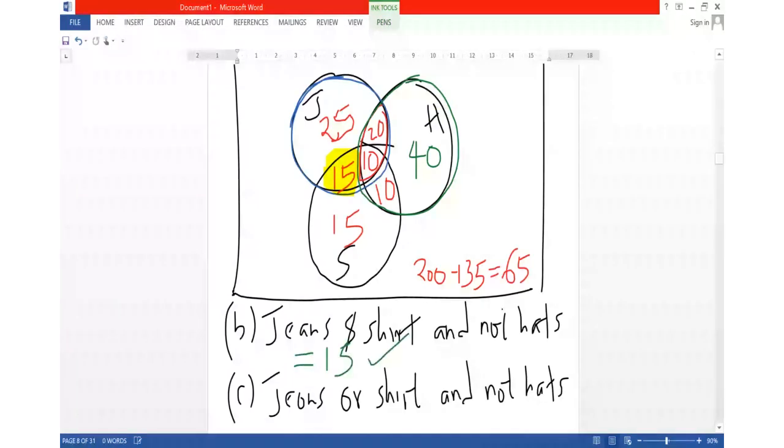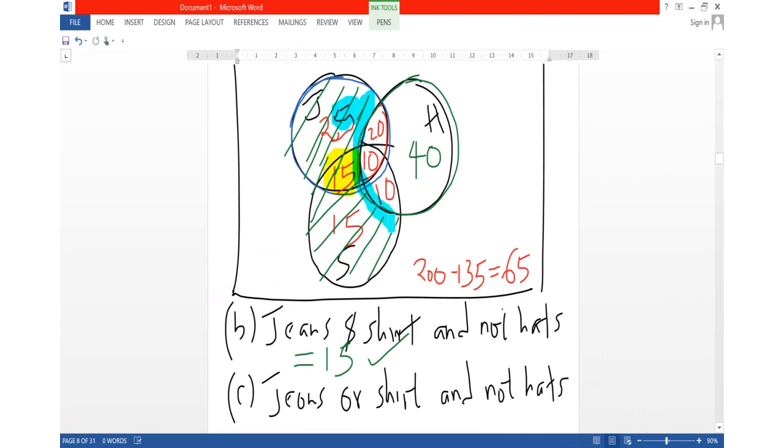Let's go to the other one, jeans or shirt. So jeans or shirt, we shall take the whole, whatever I'm shading there, but we don't shade what? We don't shade for hats. So the circle for hats, we shall not touch it. So it's only whatever I'm shading there. The whole of this one, but we don't touch the whole of that one.